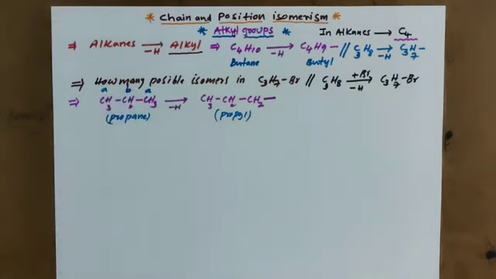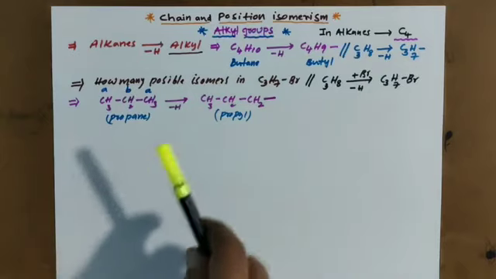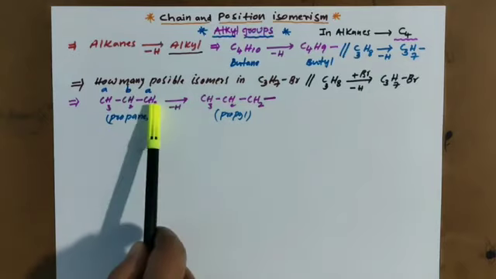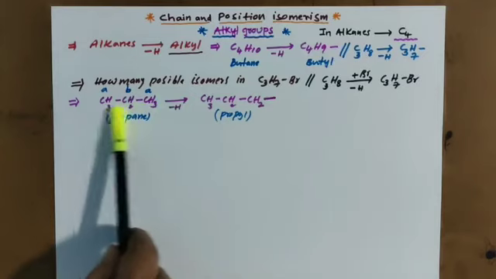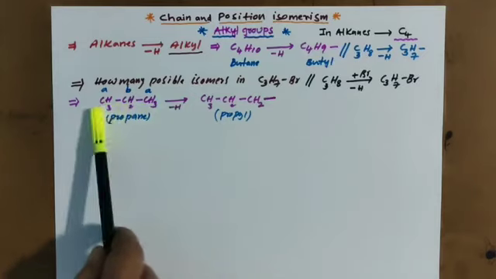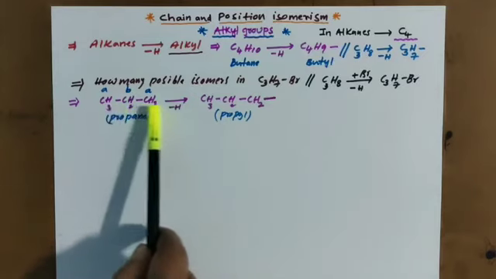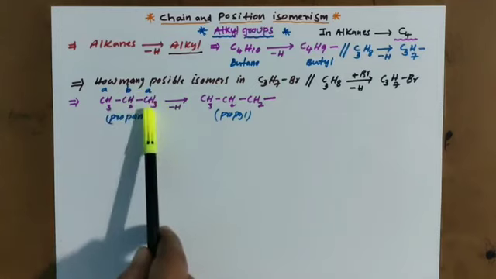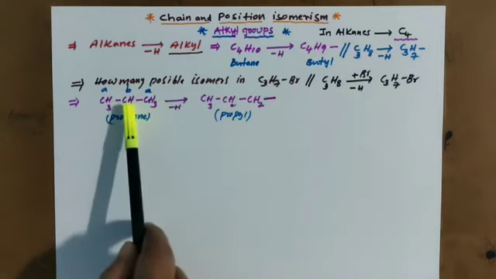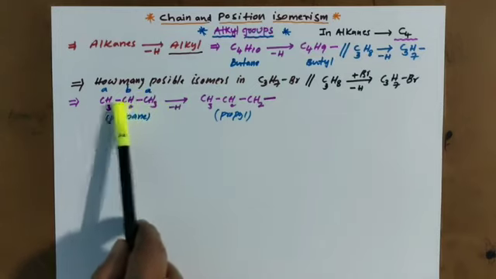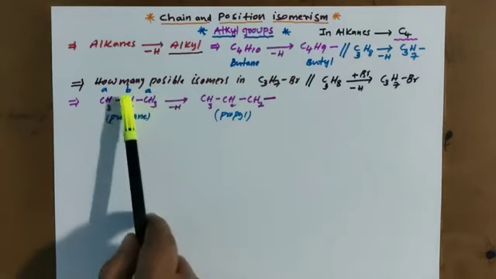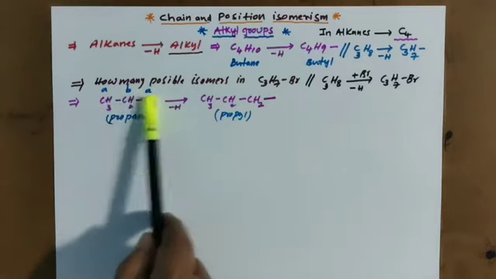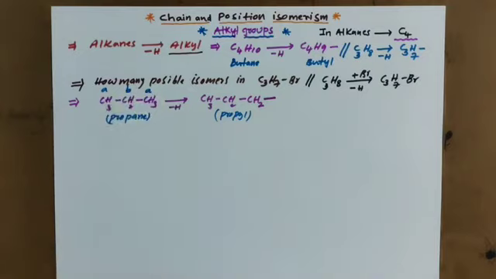Means in propane, we have 2 types of carbons, not primary, secondary, my dears. This methyl group is bonded with an ethyl group, that is CH2CH3. This is A. Or you can take X, Y, Z also. This methyl group also is bonded with an ethyl group. This is A. And this CH2 carbon has CH3 on both sides. This is different. So how many types of carbons are there? 2 types.